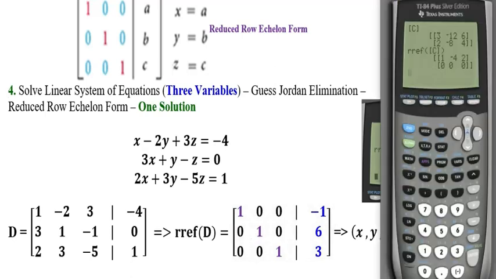And here it is. So second matrix, edit, we're going to create a matrix called D, and this matrix is 3 by 4. For x we have 1, 3, 2.